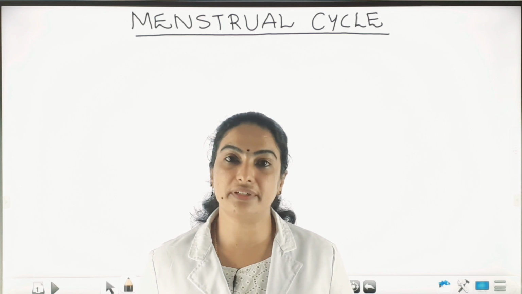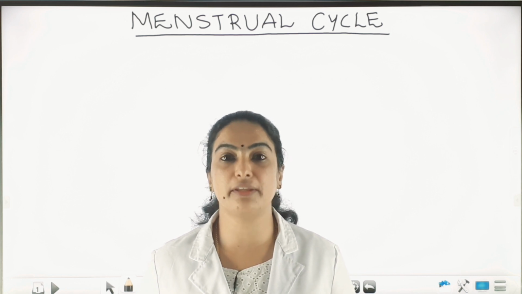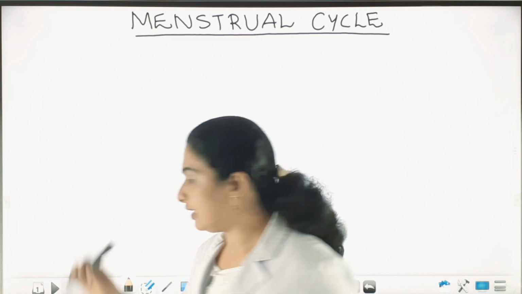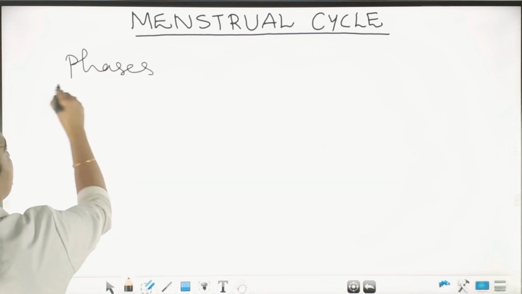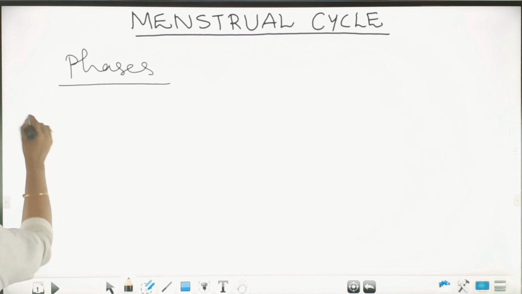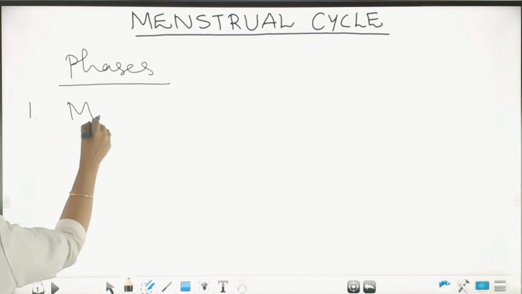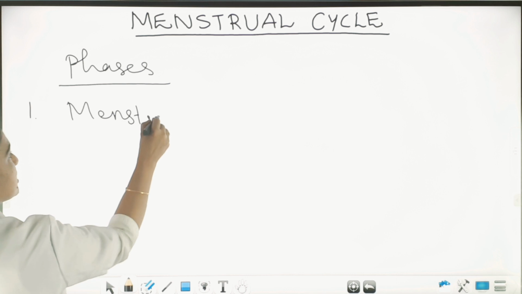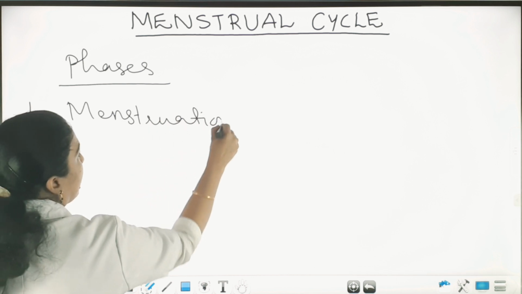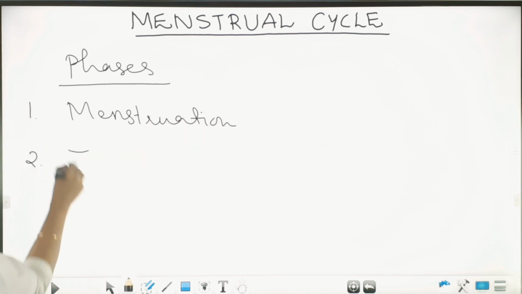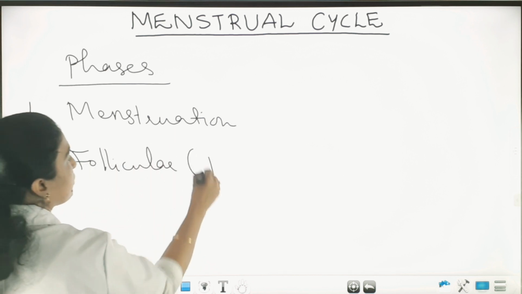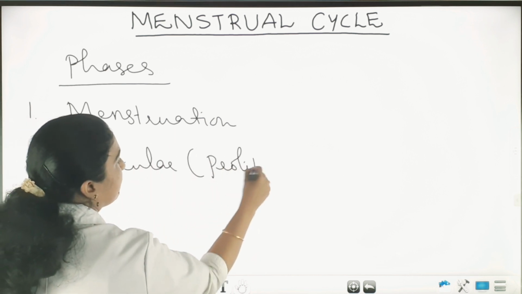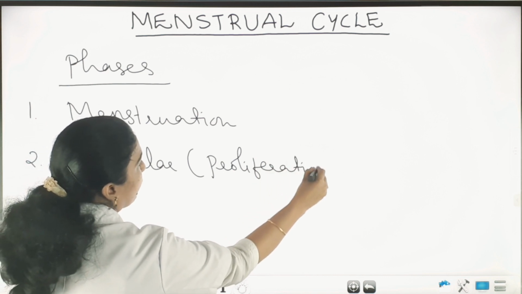There are 4 different phases or stages in the menstrual cycle. Let's see the different phases of menstrual cycle. There are 4 major phases. The first phase is menstruation phase. And the second phase is follicular phase, and this follicular phase is also known as proliferative phase.